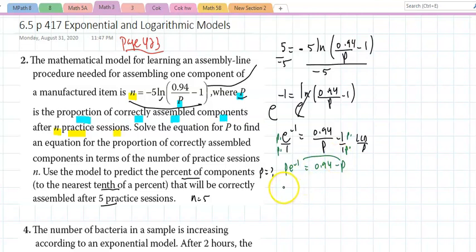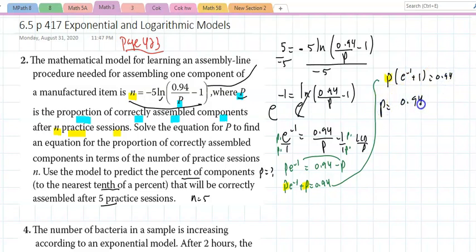Get all the p's on one side. And again, this was on exam 1. Factor a p out because that's common in both. There are other ways you could solve that. And p will equal 0.94 divided by e to the -1 plus 1.